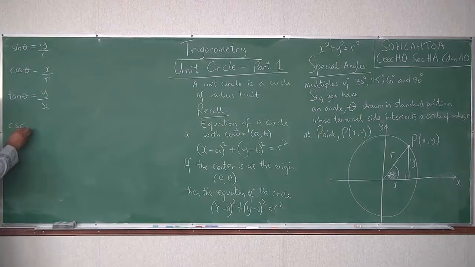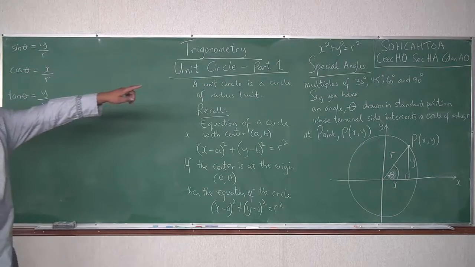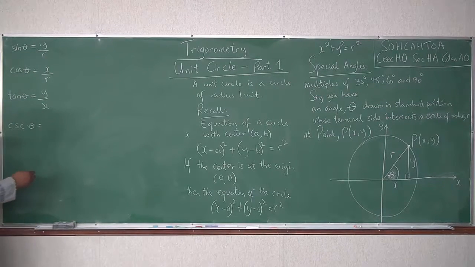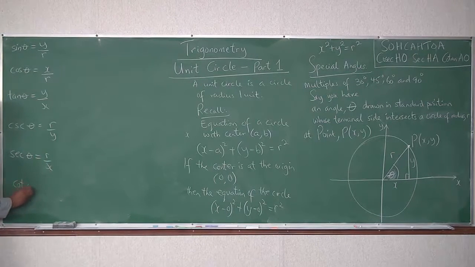Cosec theta will be 1 over sine theta, or hypotenuse over opposite, which is r over y. And we did this in the previous video. Sec theta will be r over x, and then cotan theta will be x over y.